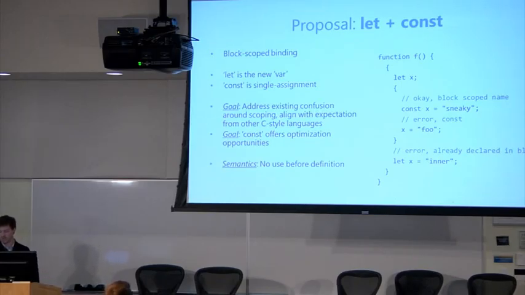So in this example on the right here, we can declare an x in this outer block. It is okay then to declare an x in this inner block, and it is not the same x. So that's different from JavaScript. If these were both vars, I would have one x shared across both of these scopes. But it's okay to declare an x here. I cannot, though, declare another x down here.